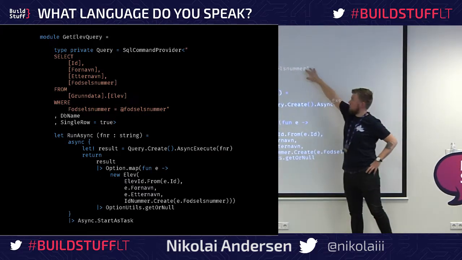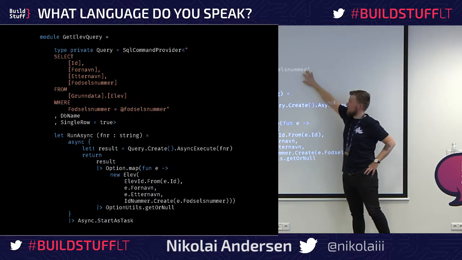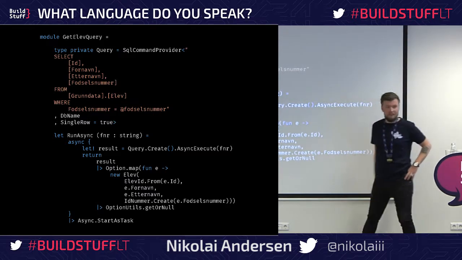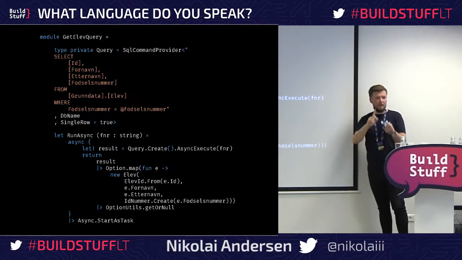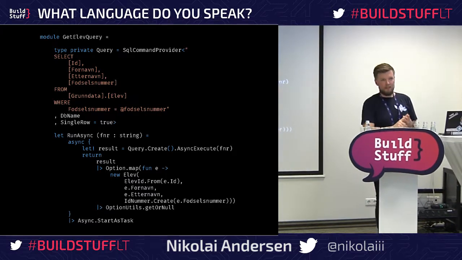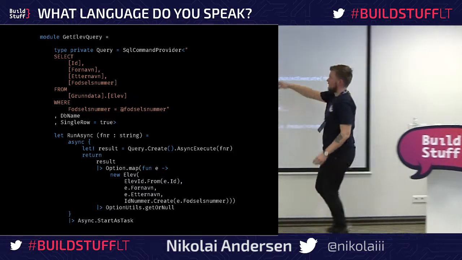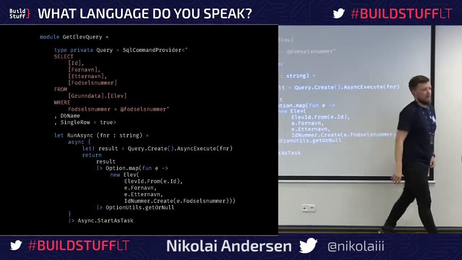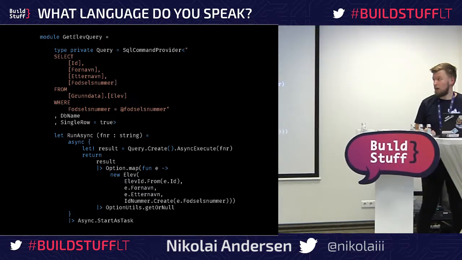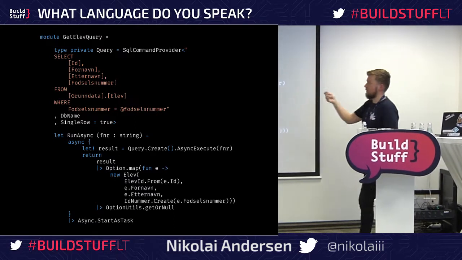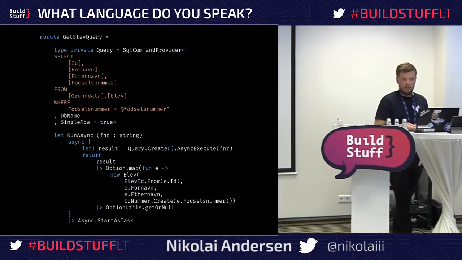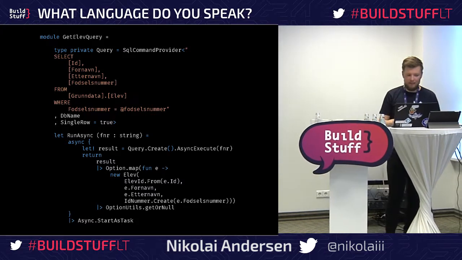If I had two clauses in my where case here, where one was a GUID in the database or a unique identifier or whatever, and the other was an int, the method here would say, I need a GUID and an int, because it knows what these columns are. So I get type safety when calling my database. I get security that my SQL statement is correct.